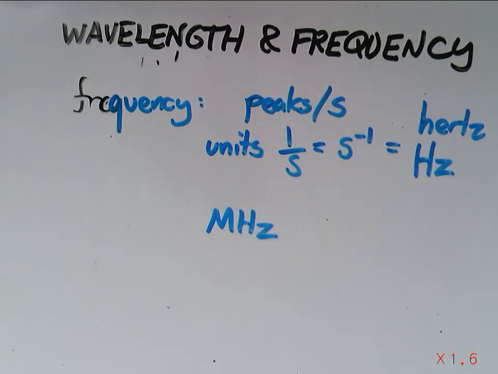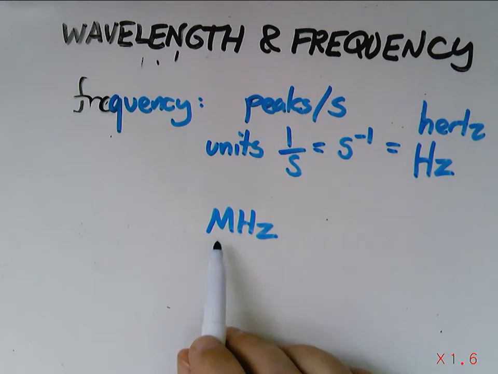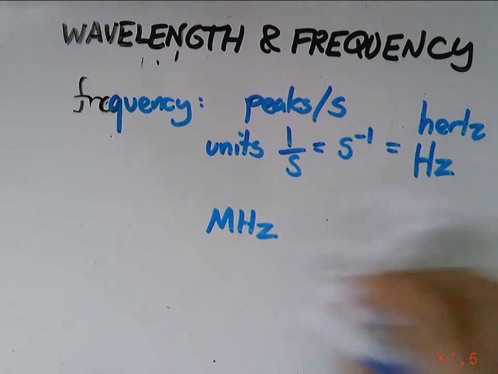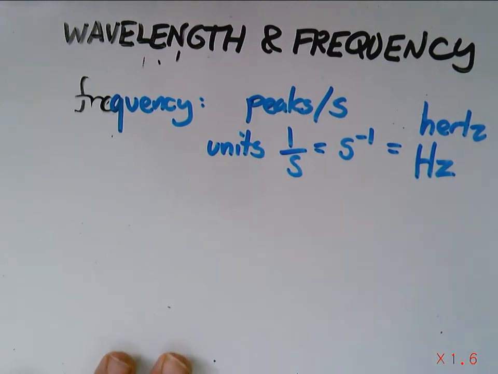And it'll be in megahertz, the capital M for mega, your SI prefix. So that's millions of cycles per second or millions of peaks per second that you're getting with that particular radio radiation.